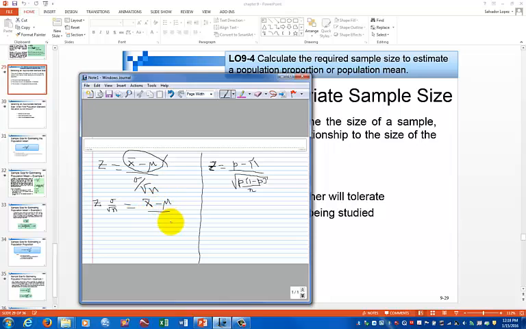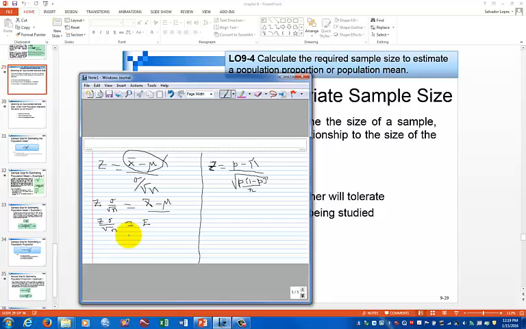And if you recall, this is the error or margin of error. So this expression will be equal to the margin of error, and we can just call that E for the margin of error.